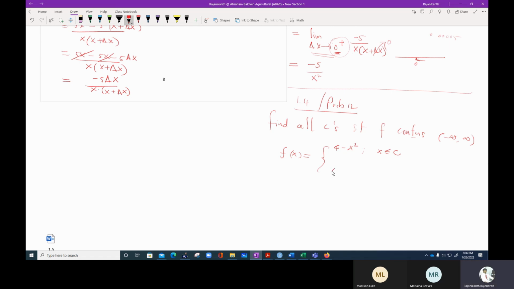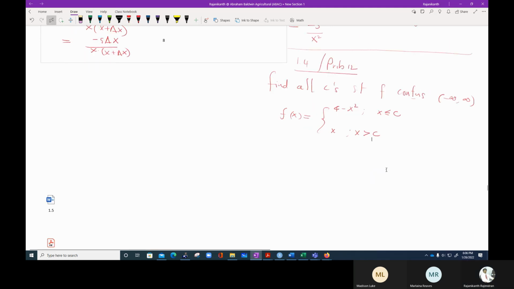Other than that, the function is simply x when x is bigger than c. Remember, in order to have the function continuous, the only problematic point is c, because at that value the function has two different values.